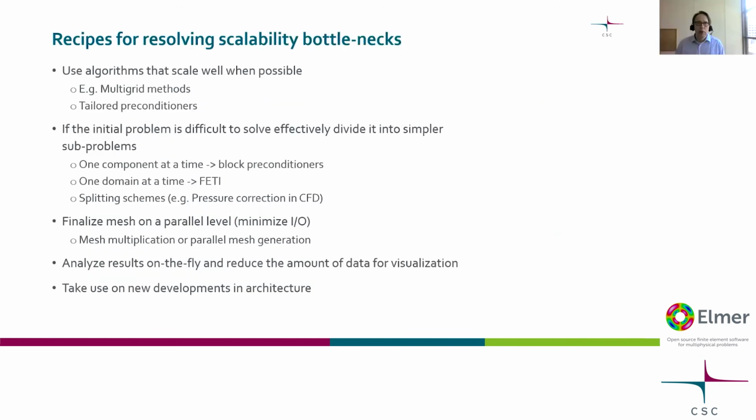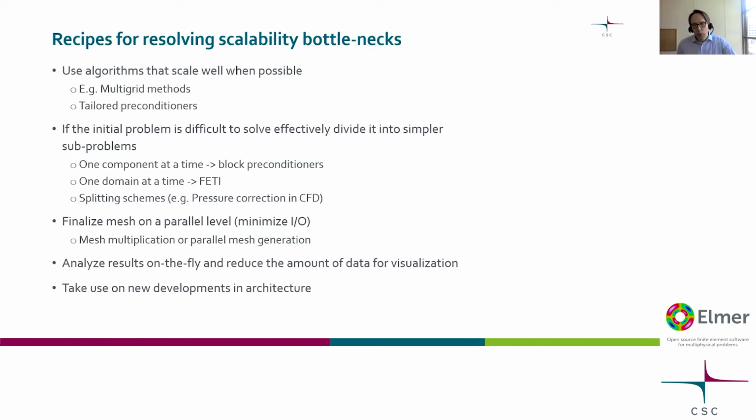Okay, I still have a few words about what you can do if you want to avoid some bottlenecks in your simulations. So as said, know your algorithms. You should know how they scale, and even if you are accustomed to a certain algorithm when you have a small job, then growing the job may also mean that you have to change your algorithm.